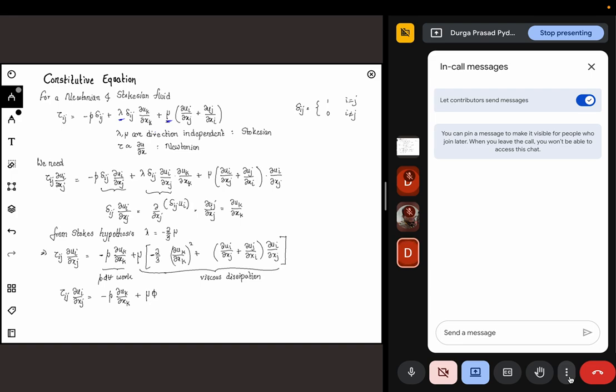This is happening because when the fluid is flowing, there will be internal velocity gradients, and whenever there are such gradients, a stress is induced. Because of that stress, if the velocities are very high and the gradients are too high, a part of the kinetic energy will be converted into heat. That is basically viscous heating.